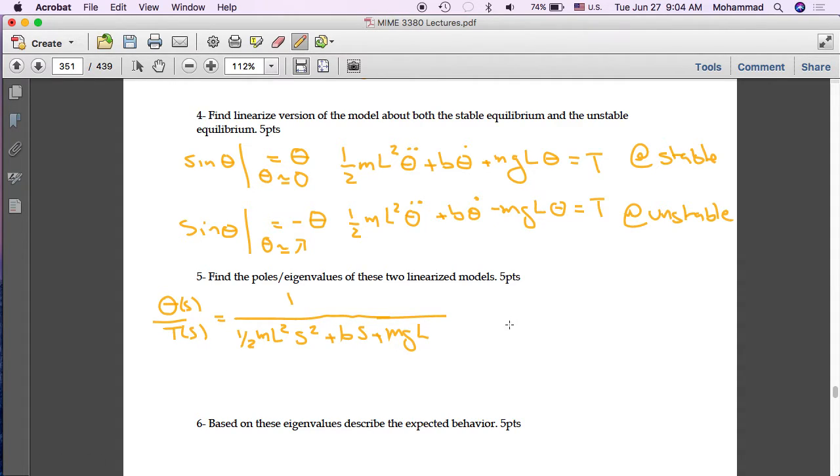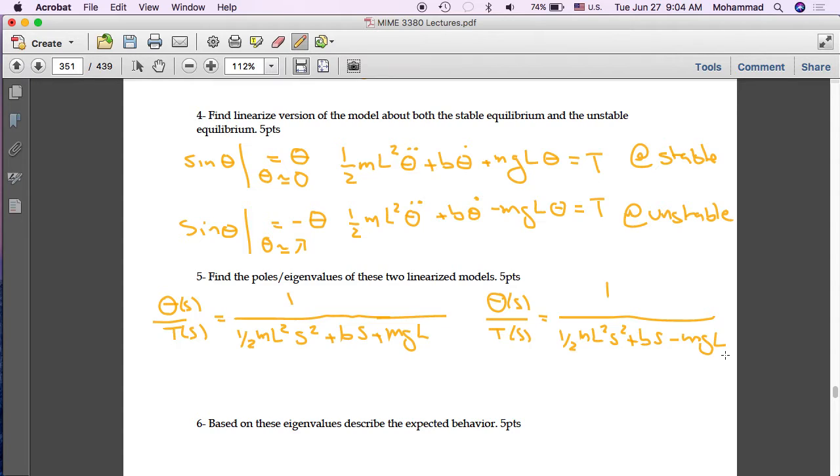About the unstable equilibrium, you get the same theta of s over t of s as the input. Everything is the same except for the last term that becomes negative. That's the only difference when you take both of these into Laplace domain.